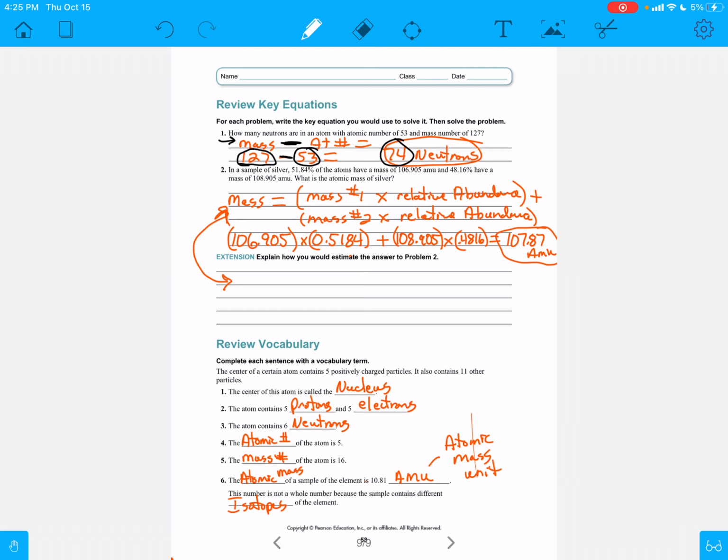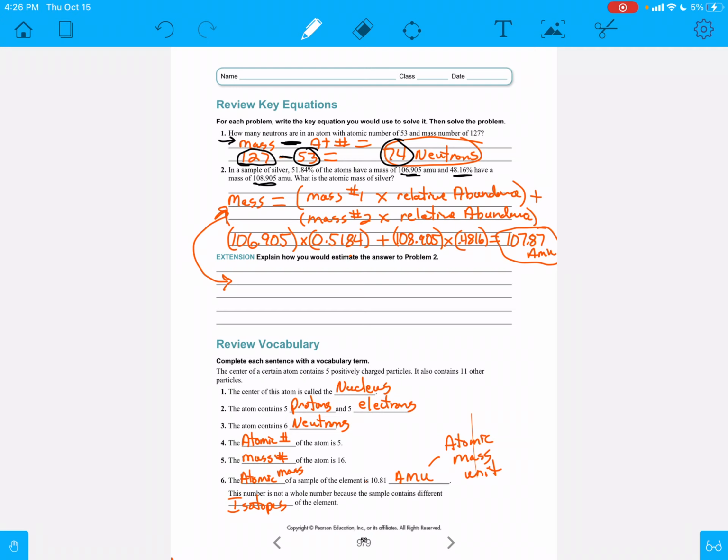Number 2, in a sample of silver, how are we going to come up with this? We're going to take 51.84% of the atoms have a mass of this, and 48.16% of the atoms have a mass of this.